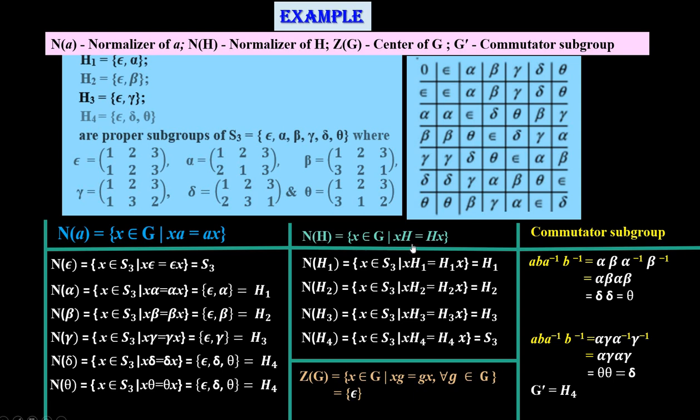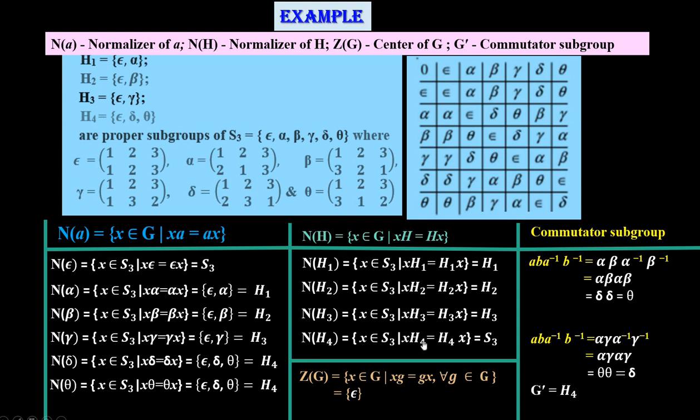Now, the definition of N of H is known to us already. So, in this case, only epsilon and alpha will satisfy this condition. So you have N of H1 to be H1, and similarly N of H2 to be H2, N of H3 to be H3, and N of H4 to be the whole of S3.